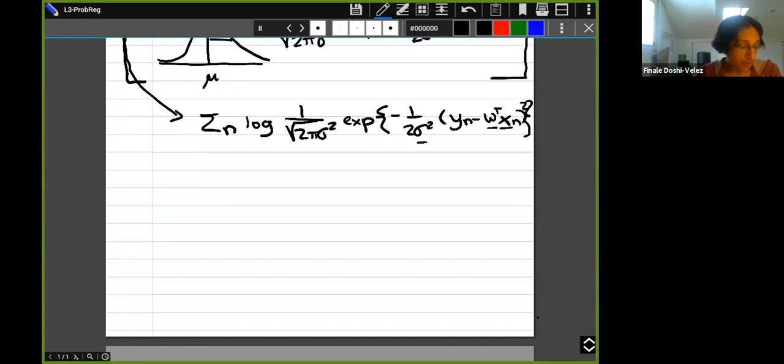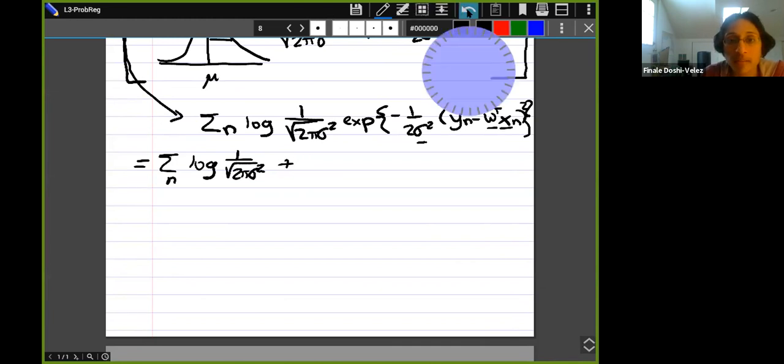Now we can do wonderful things with logs to simplify and rearrange. We end up with a sum over log of root 2 pi sigma squared, and then a minus, because when the log hits the exponential, the exponential goes away.